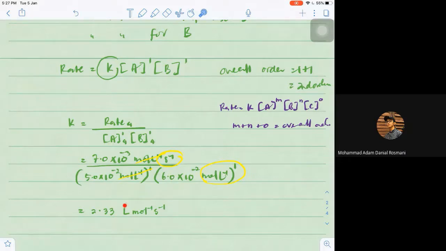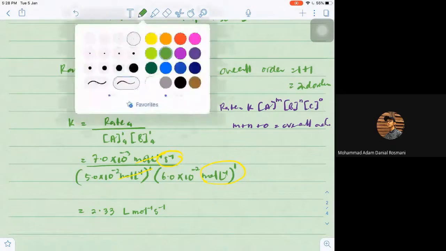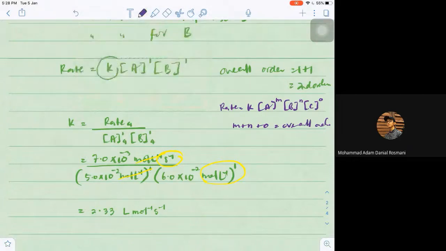The unit of the rate constant depends on the overall order, it doesn't follow each individual order. Since this is a second order reaction, the unit of the rate constant is concentration^-1. If molar is the concentration unit, it will be molar^-1, and then second, or time^-1.